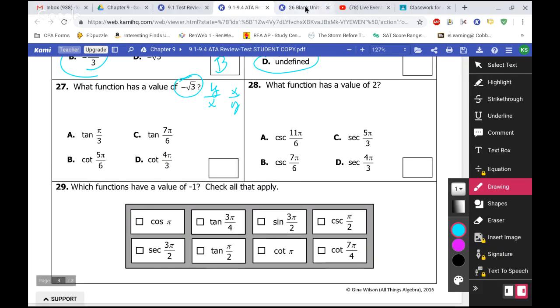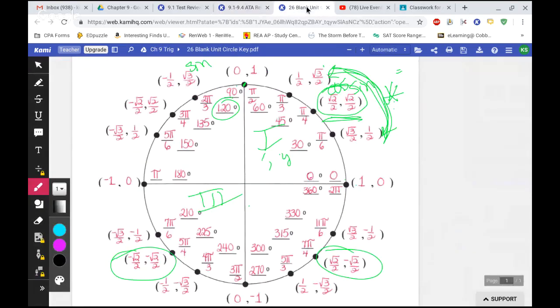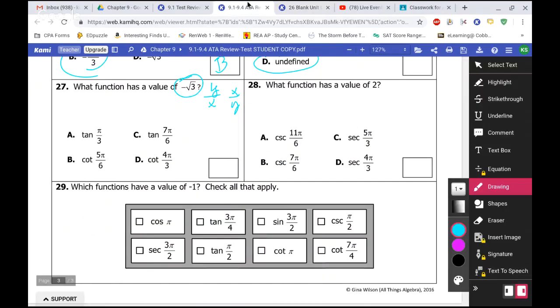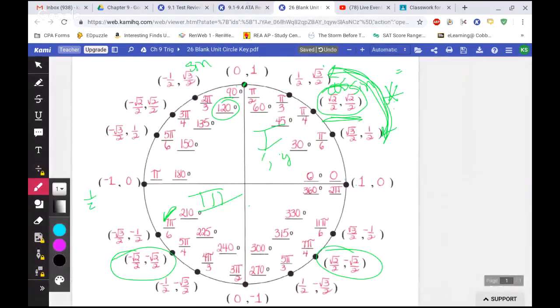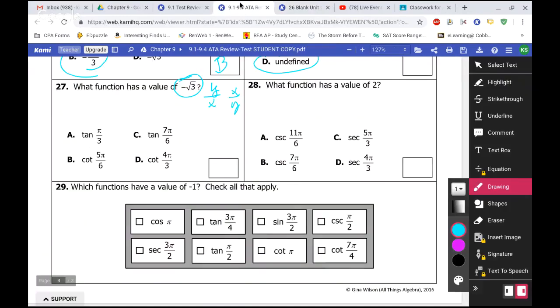And then 7 pi over 6 is over here, so that actually is a possibility. Which trigonometric function was it? Okay, it's tan. So that's going to be y over x, and that's not going to work because that's going to be 1 over root 3. We just did that a minute ago. So that one's not going to work.